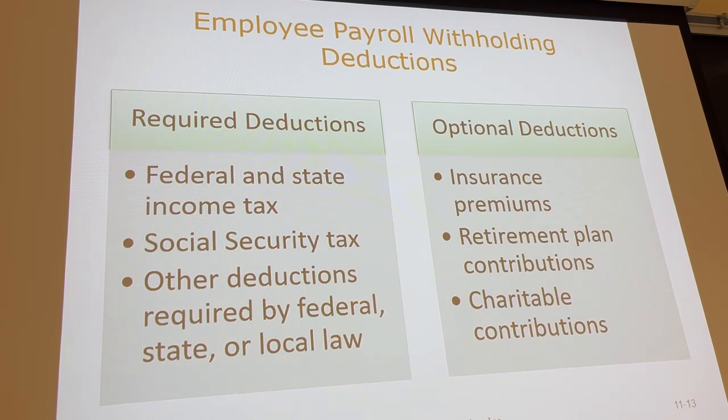Then there's also the Social Security tax, and there could be other required deductions as well. Then the optional deductions would be for things like insurance premiums that maybe the employer and the employee each pay part of, retirement plan contributions like a 401k plan, and charitable contributions like United Way.